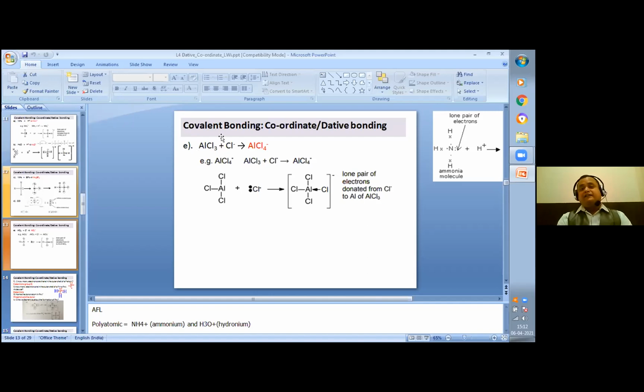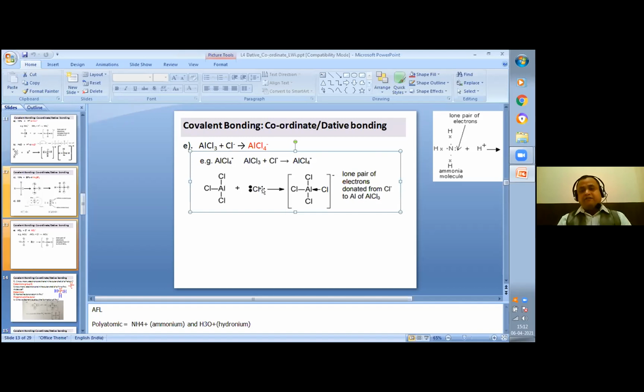Look at this Cl atom. This Cl minus is carrying a pair of electrons. When this Cl minus combines with AlCl3, they will form AlCl4 minus.